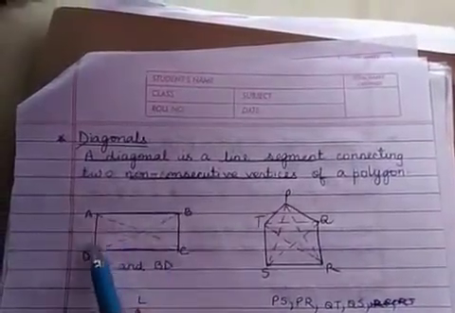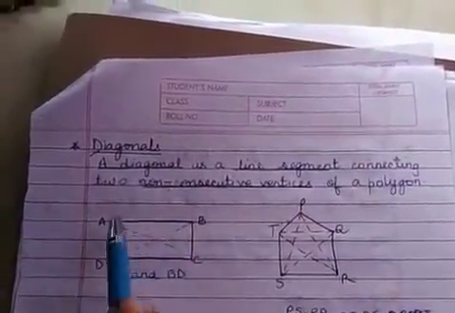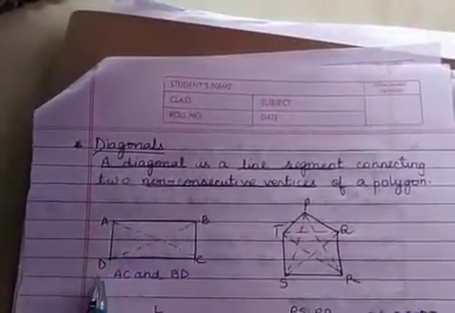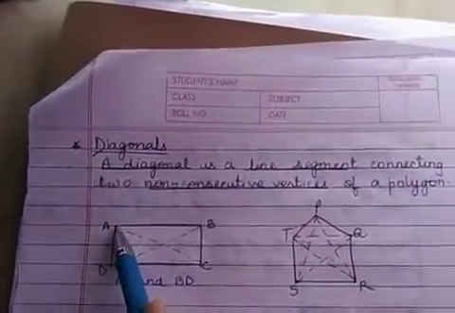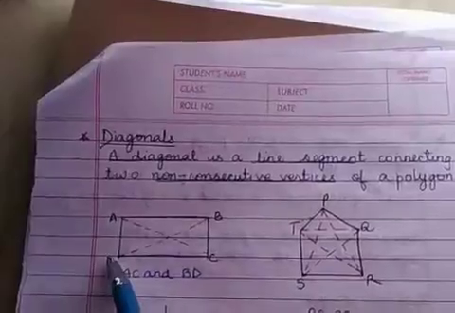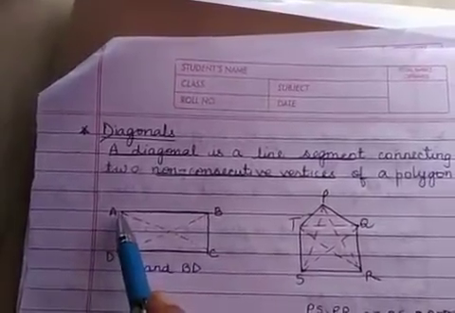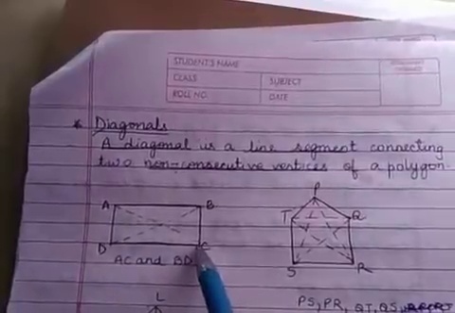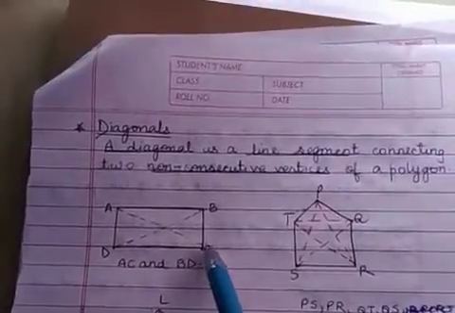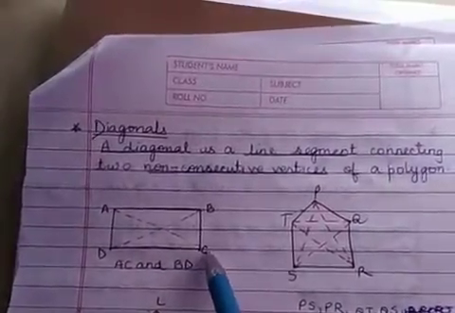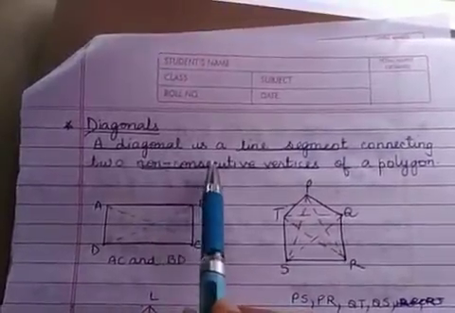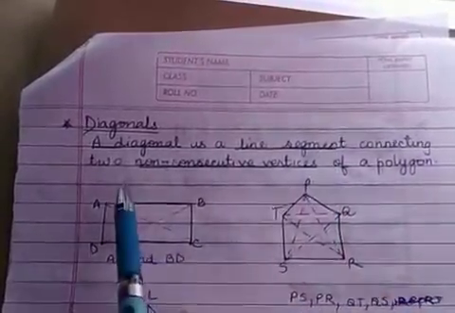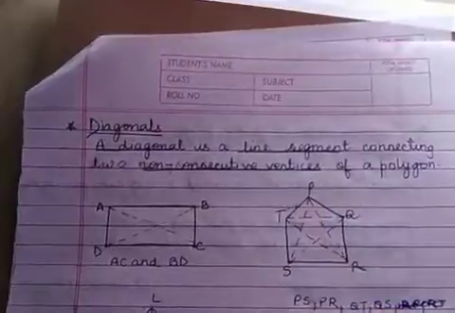Which comes immediately after the other, or you can say adjacent vertices. The vertices adjacent to A are B and D. Now which vertex is not adjacent to A? It is C, and this is called a non-consecutive vertex. So a diagonal is a line segment which connects two non-consecutive vertices.